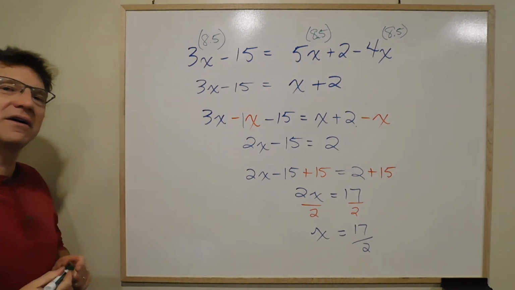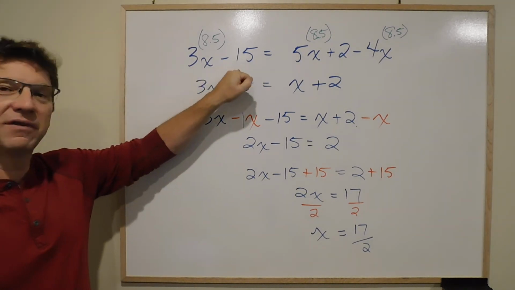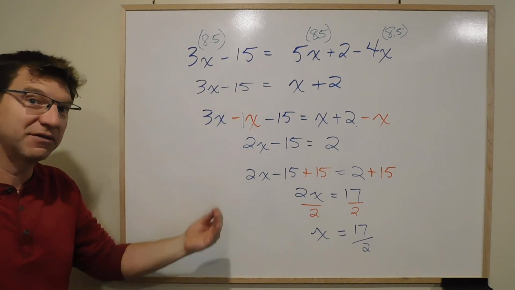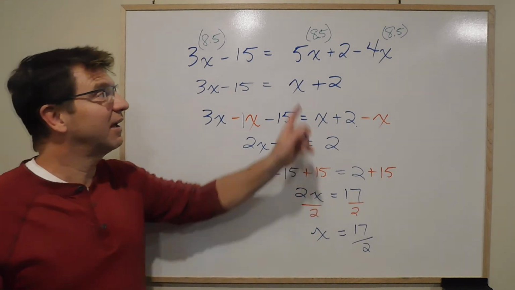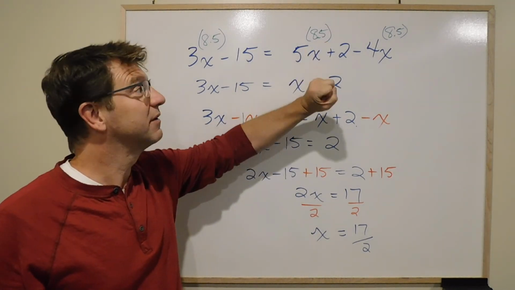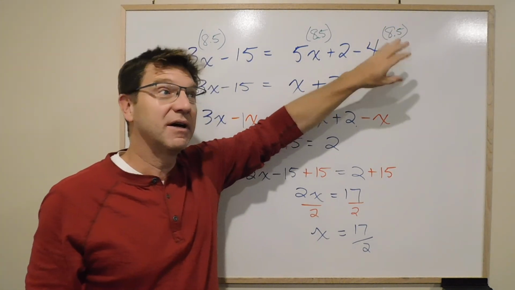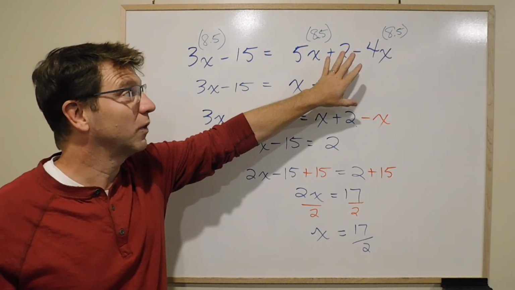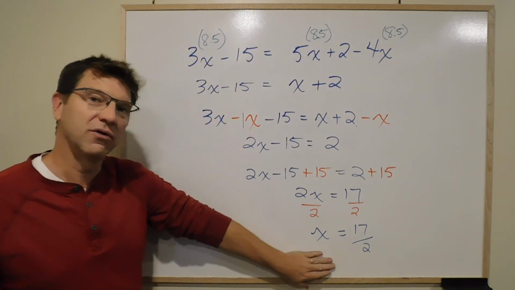And I'd get out my calculator and I'd say 3 times 8.5 minus 15, and that gives me an answer for the left side. And then on the right side, I'd say 5 times 8.5 plus 2 minus 4 times 8.5, and that would give me an answer for the right. Okay? And if those numbers are the same, then you know yours are correct.